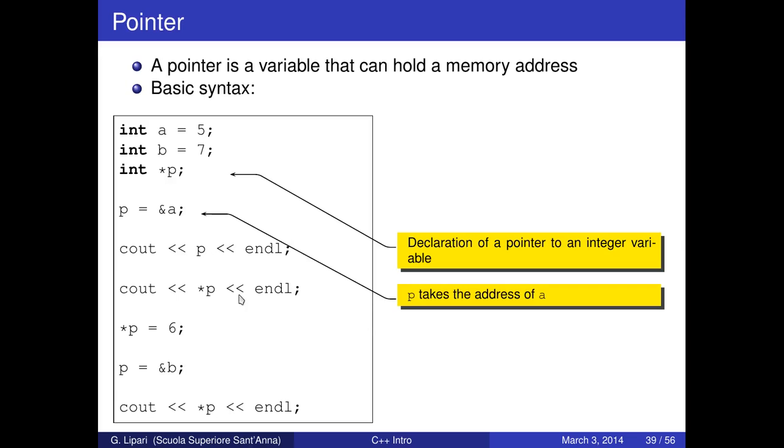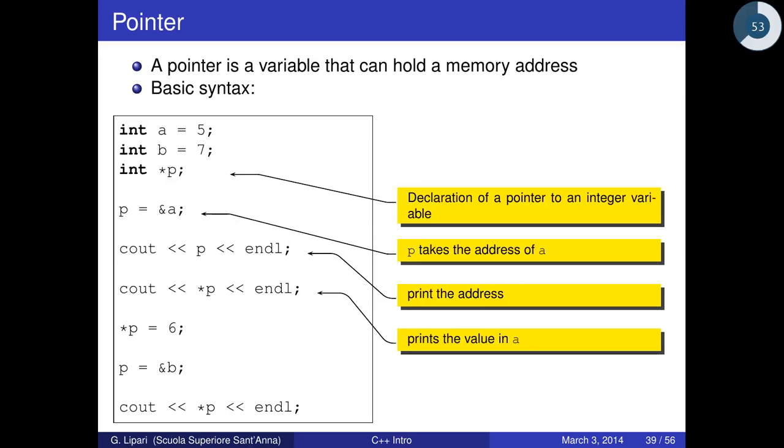And you can dereference the value. That means instead of printing the address, I want to obtain the value in the location at the address contained in p. So p has an address, we go to that address and we take the value. That value is going to be an integer, we know because this is a pointer to integer.